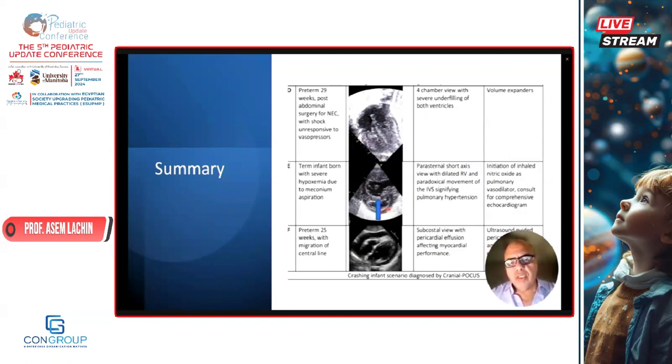So the decision here is to start treatment for the PPHN, initiating nitric oxide and other pulmonary vasodilators, correction of acidosis, hydration, and all these issues. And here in the third picture, you can see the fluid collection around the heart, demonstrating the pericardial effusion. And of course, the treatment here is ultrasound guided paracentesis and drain of this fluid around the heart.